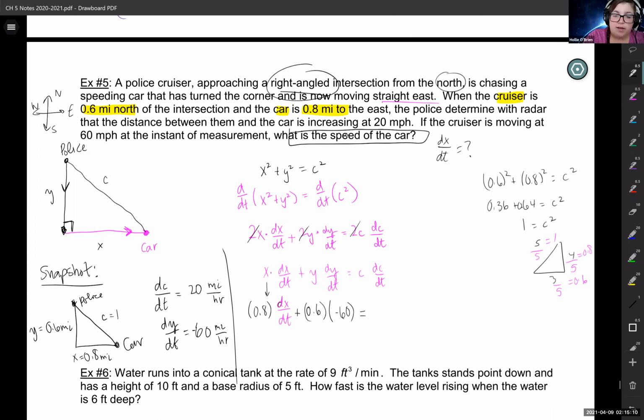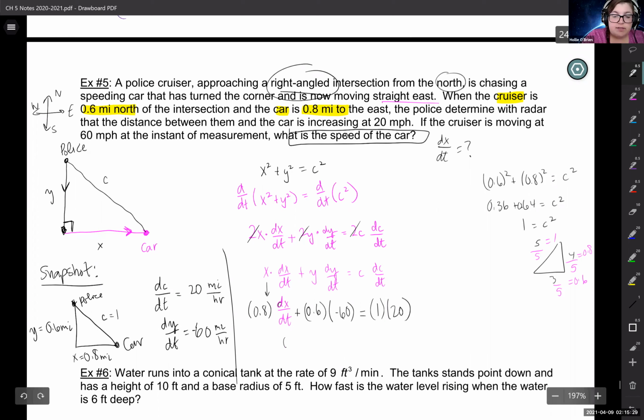Okay, so c is 1 times the rate of change, which we said was 20. It's not too bad. This is just computation now, going through order of operations the rest of the time. So let's see.